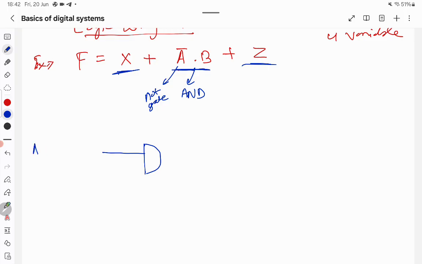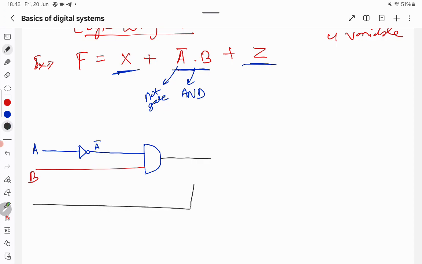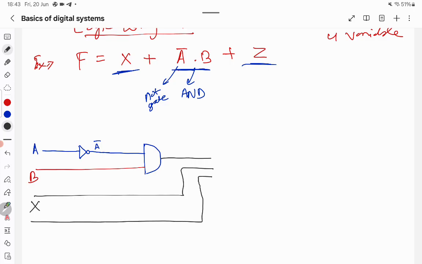A will be passed through a NOT gate, this is NOT A. Then B is connected to the AND gate, and this is the output. Then this is X, and Z will be somewhere here, this is Z. All 3 are passed through an OR gate, and this is our output F.